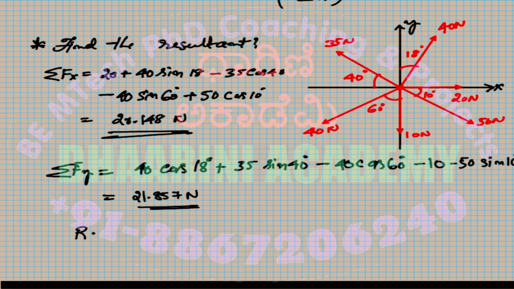Calculate the resultant. This is the magnitude. The force has a magnitude that is equal to the root of the sum of Fx, which we have calculated, squared, plus the sum of Fy calculated, squared.